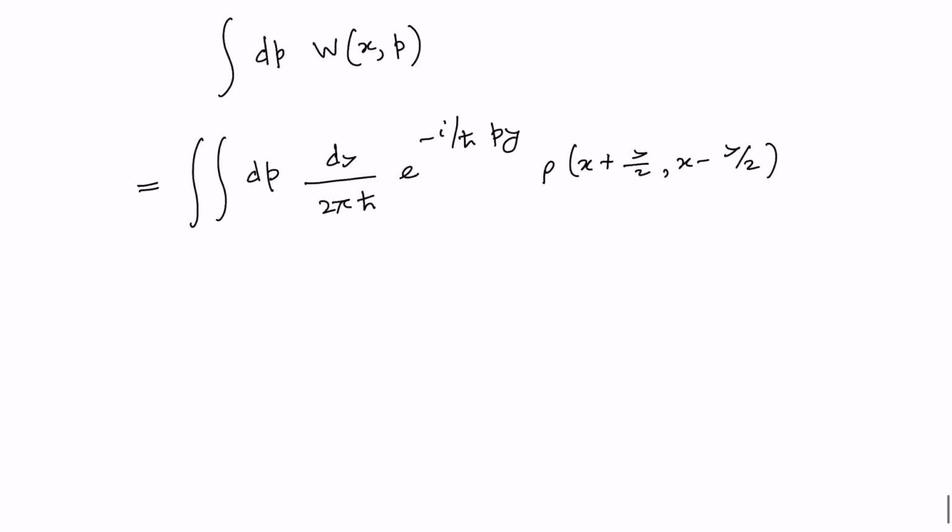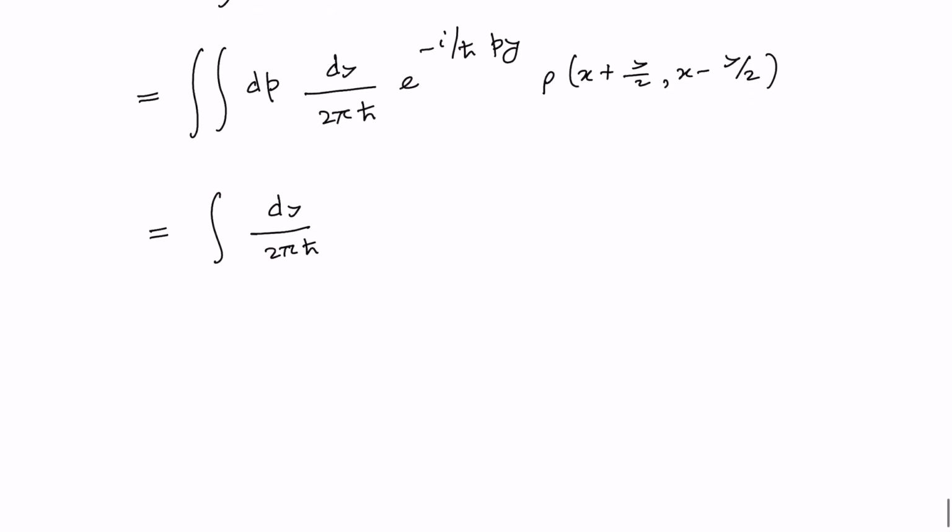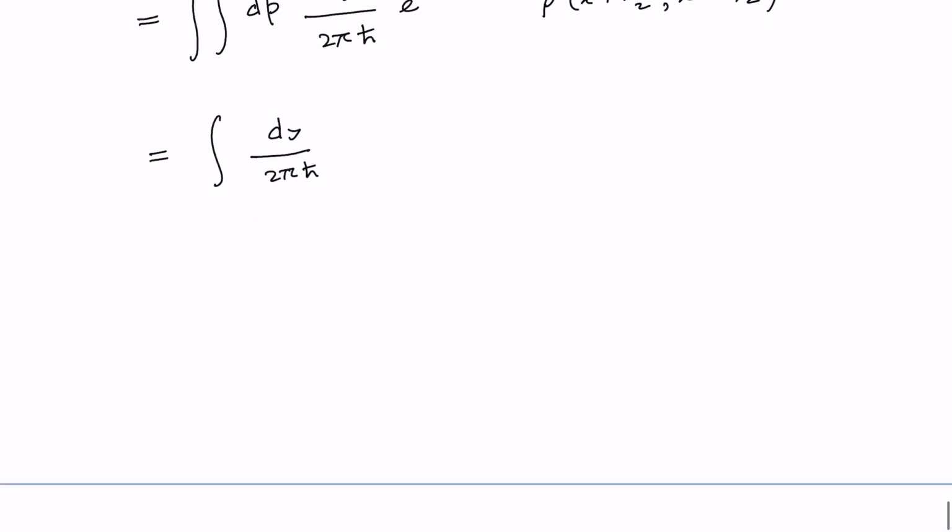This is what I have, and I can now write it as dy divided by 2 pi h bar, and this integration dp e to the power minus i by h bar p y is nothing but 2 pi times the Dirac delta function of y by h bar.